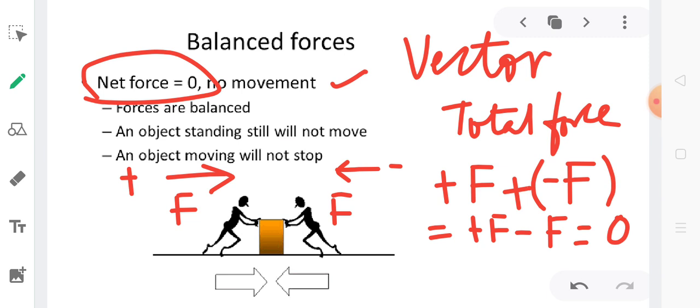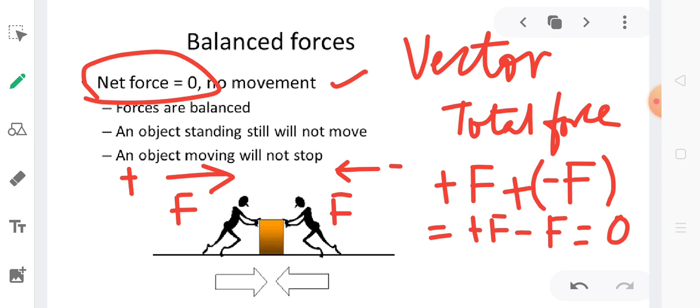So in case of balanced force, an object standing still will not move, an object moving will not stop. Now again there is a misconception among students that if no force is acting on the object, how can an object move? But suppose you consider an object which was already in the state of motion. Once you have applied some force and made it move, and then that force has been removed, unless some other force is applied, the object will continue moving.